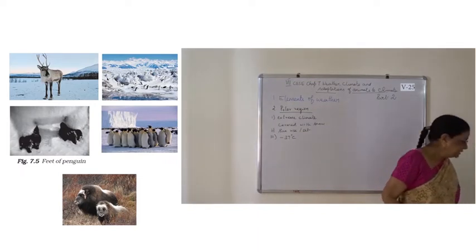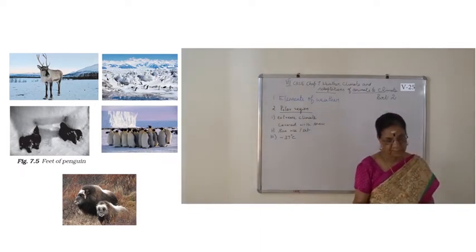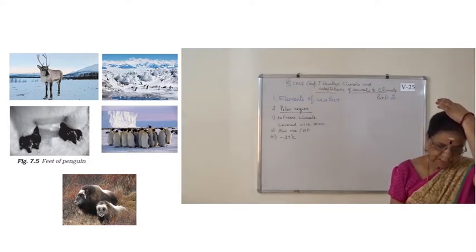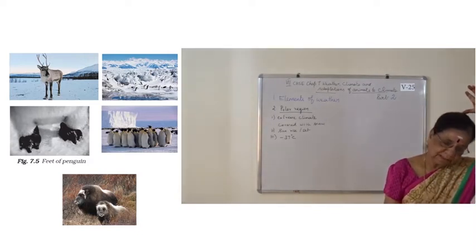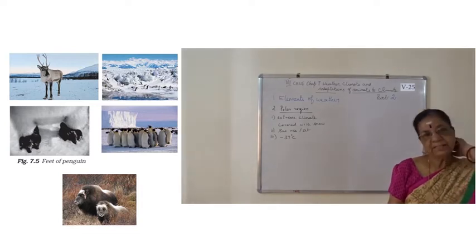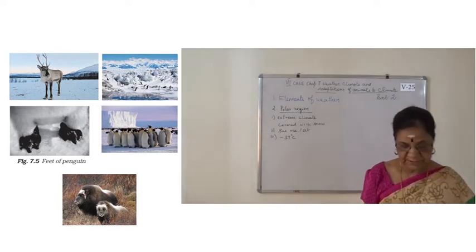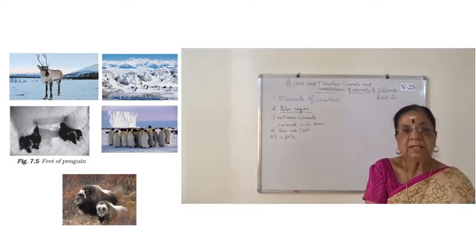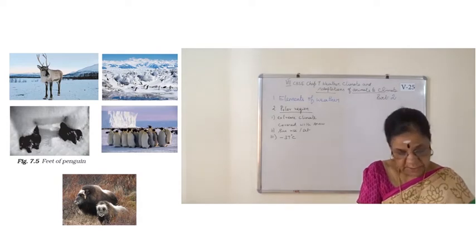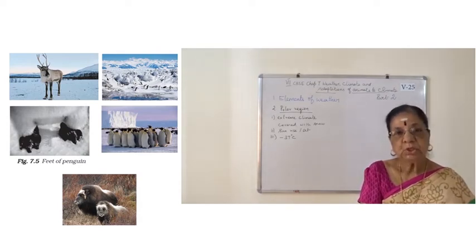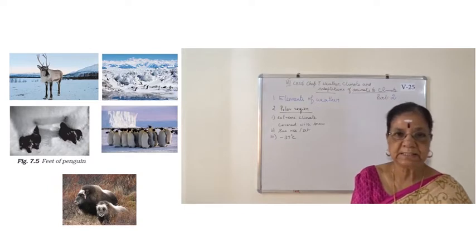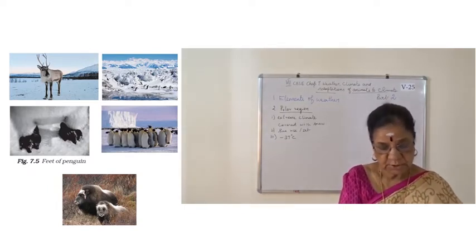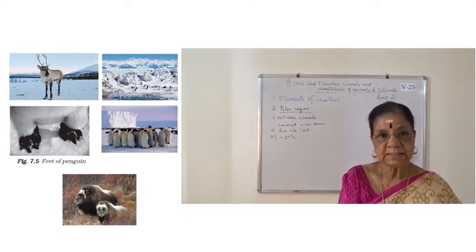The climate of a place affects the organisms that live there in many ways. First, adaptations to cold climate. The countries in the polar region do not receive direct sunlight.